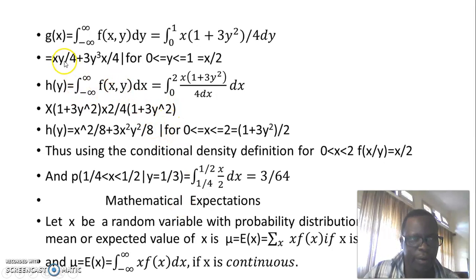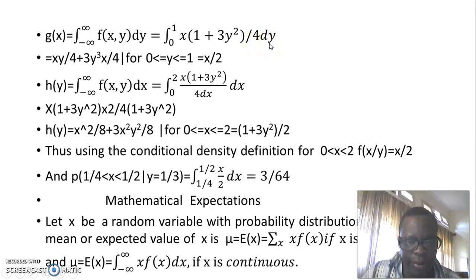Solution. For us to get the marginal distribution of x, we need to integrate the joint probability distribution with respect to y. Hence, our joint distribution is x times (1 plus 3y squared) over 4.